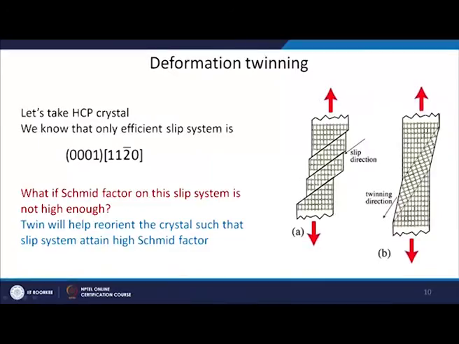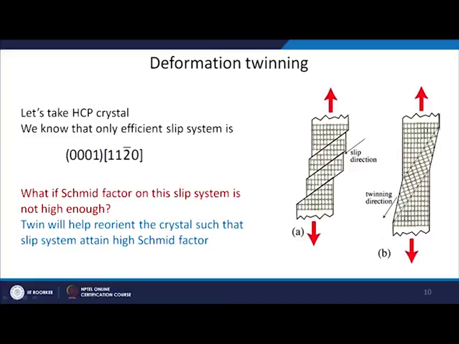Now, why actually does this twinning take place? Just a comparison. In this case we are deforming a single crystal, and you can see that the slip is taking place on some crystallographic planes where you have satisfied the maximum Schmidt factor condition, so the crystals are sliding over one another.